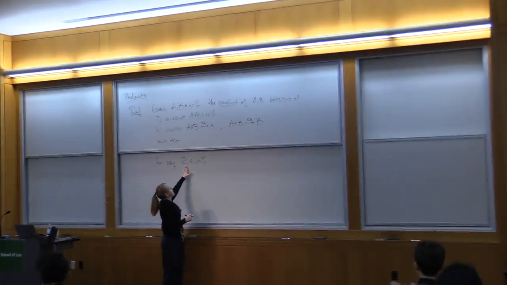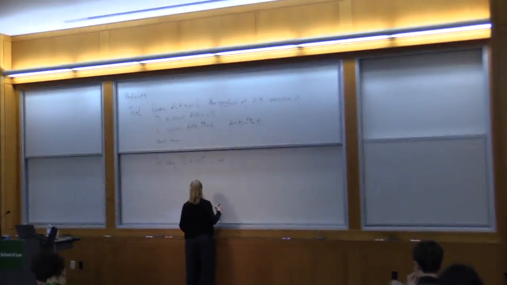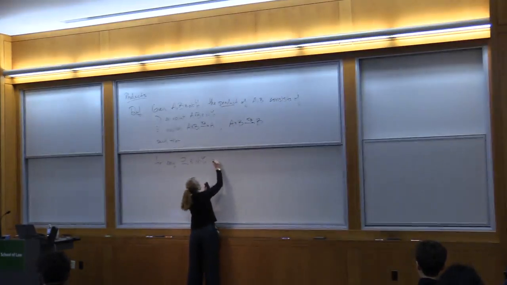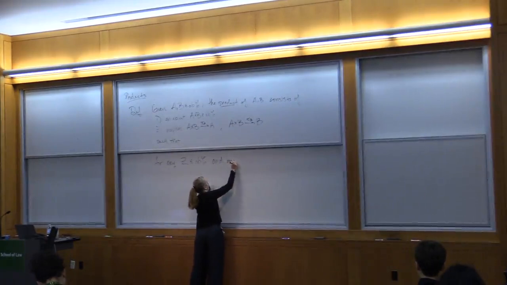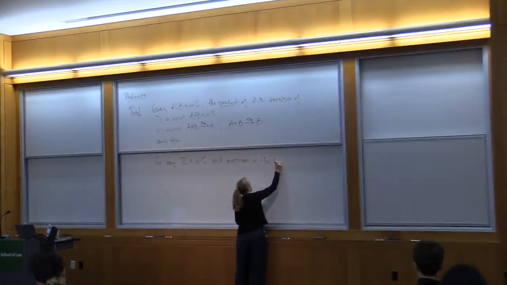So for any Z in the objects of C, well, I have some more stuff, and morphisms in the diagram I'm about to draw.